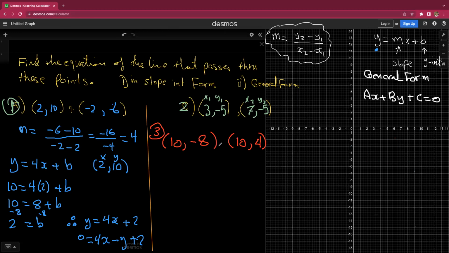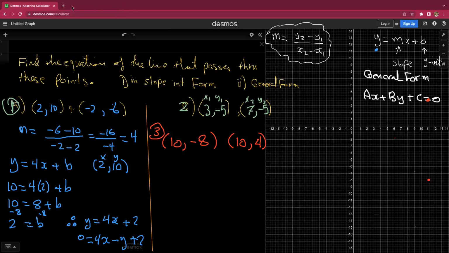The first thing I want to do is plot these points. So 10 and -8 is right here. And then my other point is 10 and 4, which is right here.